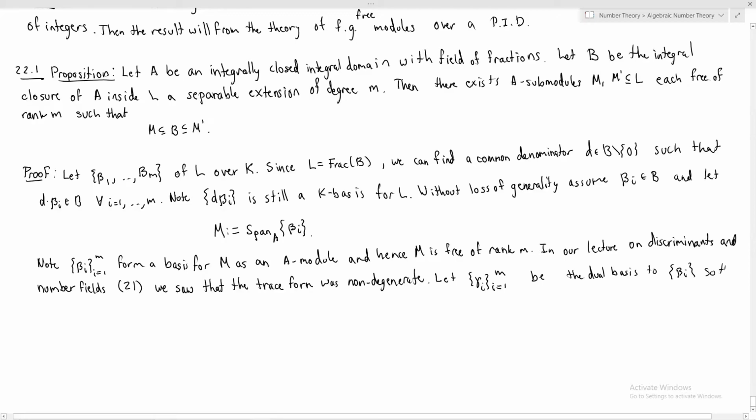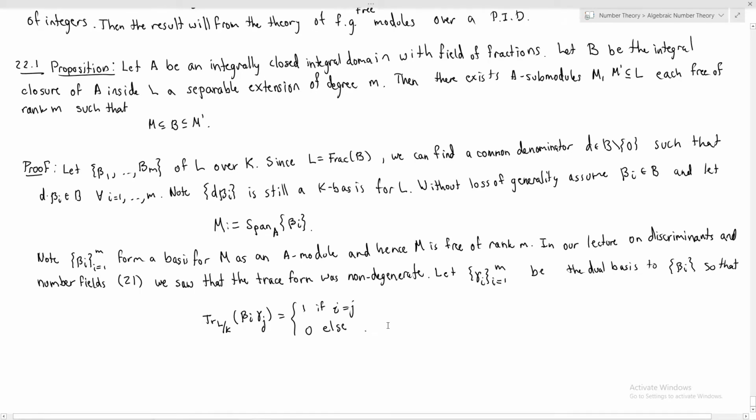So the defining property of the dual basis is that the trace from L over K of beta sub i gamma sub j is 1 if i equals j and 0 else.